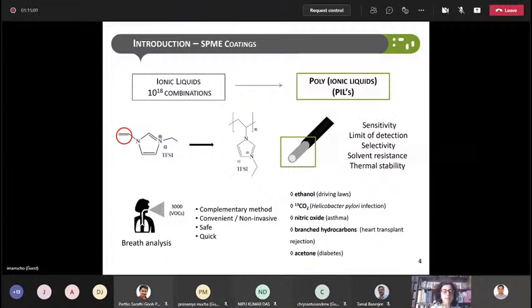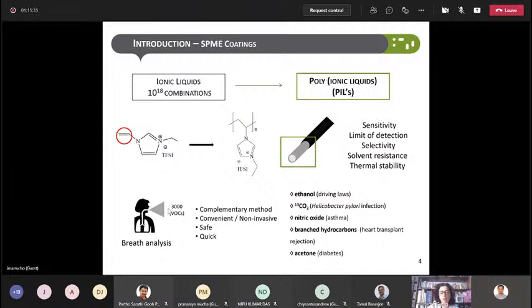Typically, this is already done. Some methods similar to these have already been done. Some polymers that are very specific have already been done, for example, for the detection of ethanol. When the police stops you, I don't know how it is in China, but it should be the same, when the police stops you because you're driving and they give you an ethanol test, a breath test, what they use is a fiber that really catches ethanol.